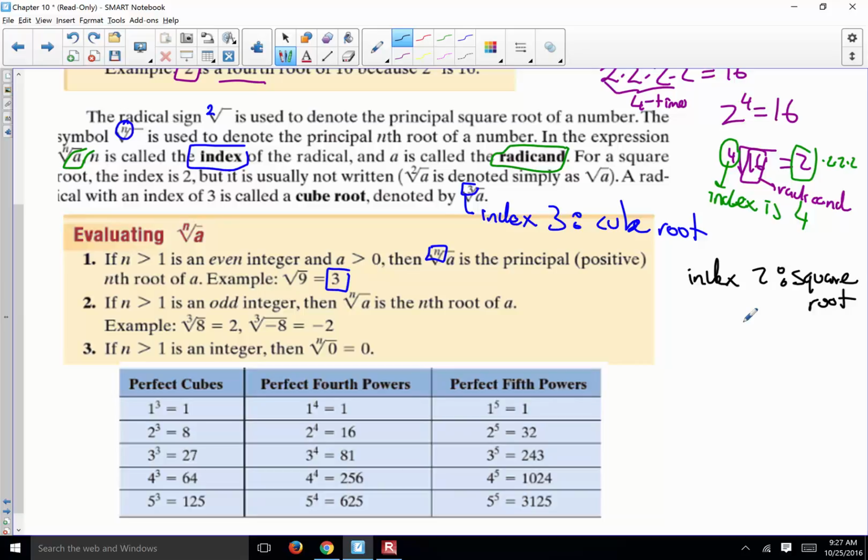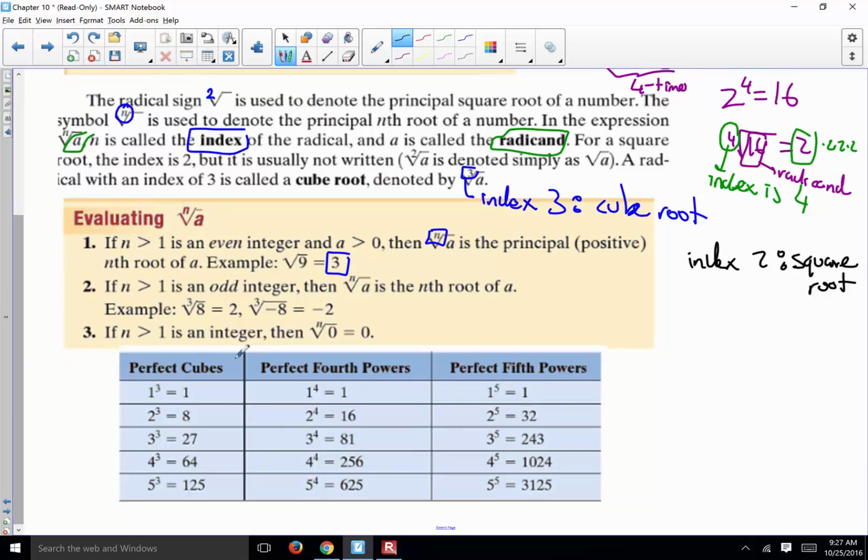But you can make one. What do you want to call the 4th index? Quad root? Quad as in 4? I don't know. The 5th root is penta root? I don't know. We are happy with square root and cube root. Let's not invent new names.